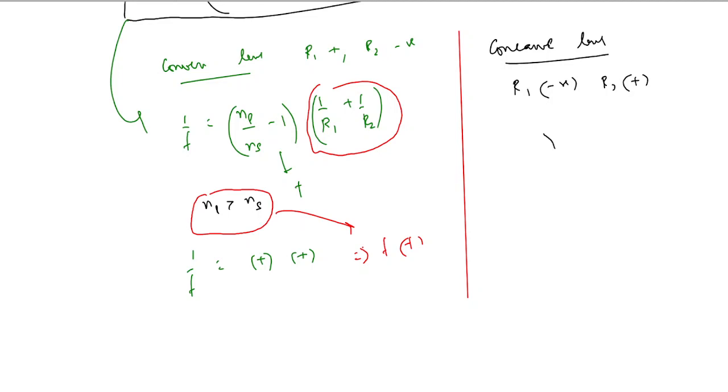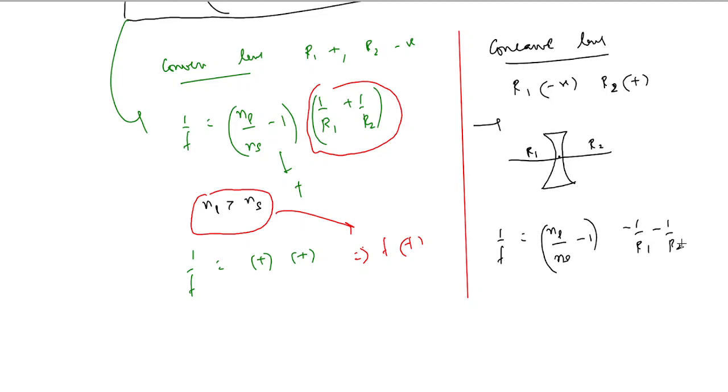Recall that for the lens, the distance from the optic center to here would be R1, and this would be R2. By sign convention, since light moves from left to right, R1 is negative and R2 is positive, which means what we get here is 1 by F is equal to NL by NS minus 1 into 1 by R1 minus 1 by R2.